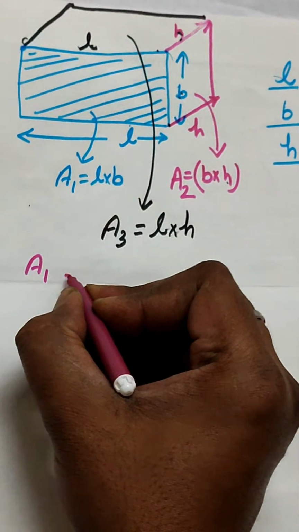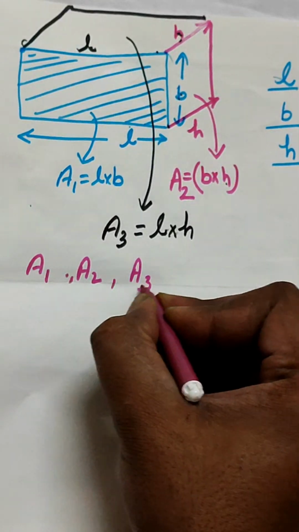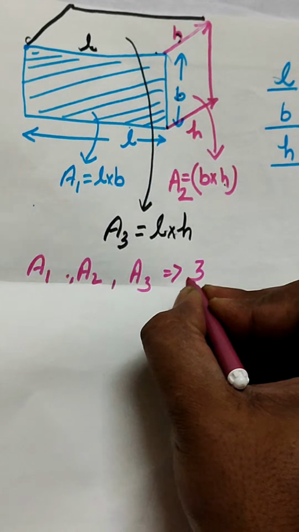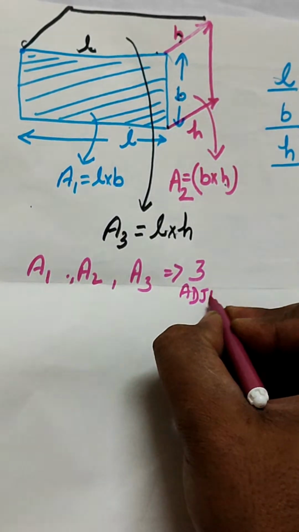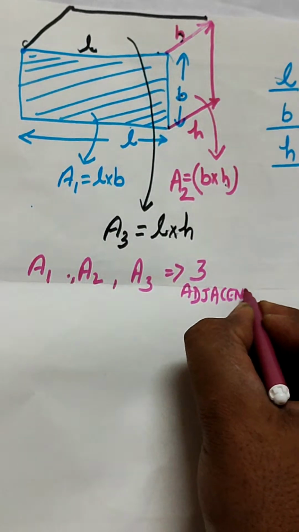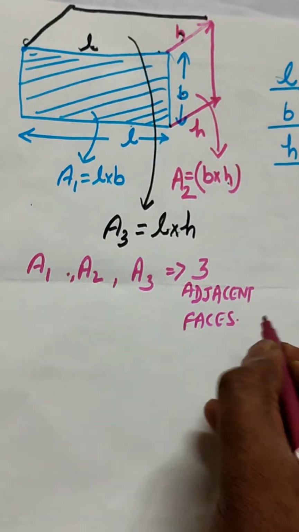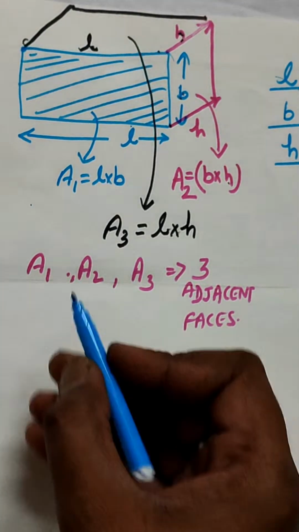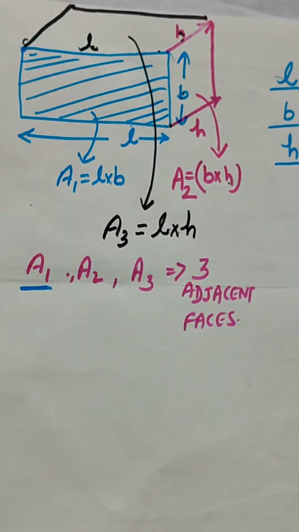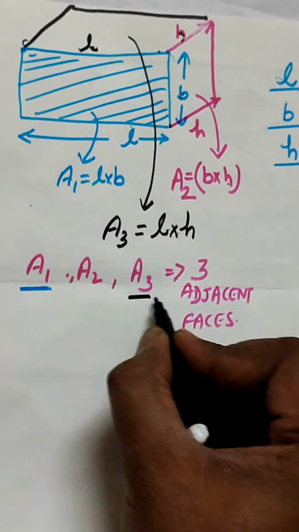So A1, A2, A3, these are the three adjacent faces, and the areas of these three adjacent faces are A1, A2 and A3.